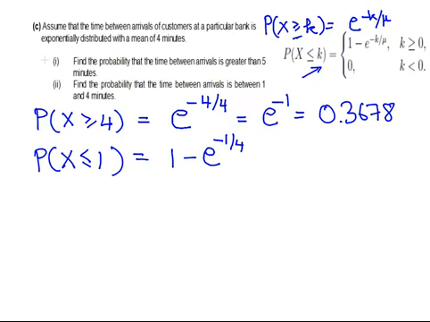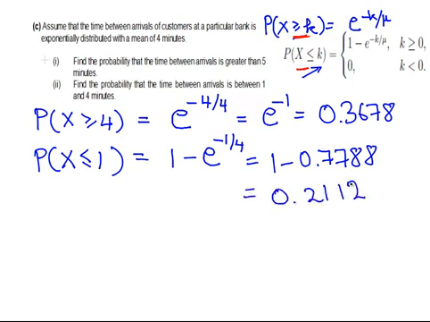It's something I mentioned a few minutes ago, but just to repeat it. This is equal to the exponential of minus 0.25. That again is a bit of calculator work, and that works out to be 0.7788. So it is 1 minus 0.7788, and that is equal to 0.2212.